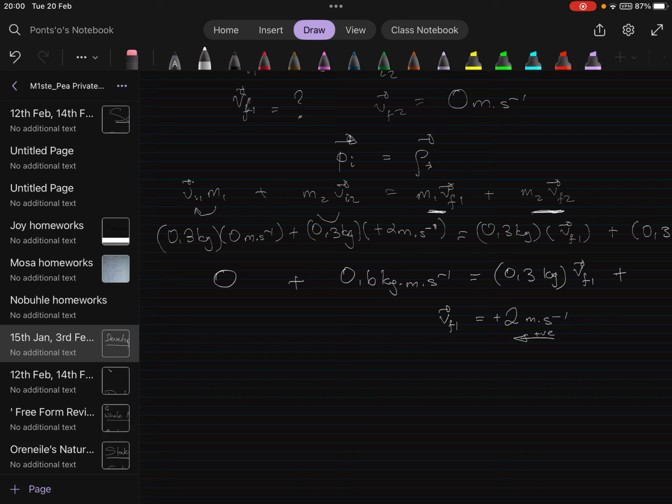So now you check using the kinetic energy equation whether or not you'll get 2 meters per second. Will you do that for us? Yeah, you'll do that for us, right?